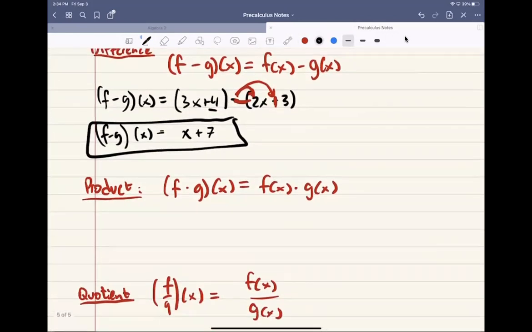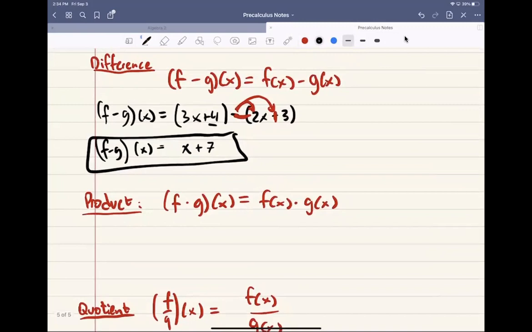Now let's go to the product function, right? The product of two functions is what you get when you multiply f times g of x. So f times g of x is equal to f of x times g of x. You're going to get 3x plus 4 times 2x minus 3. And then to solve this one, you have to FOIL, right?